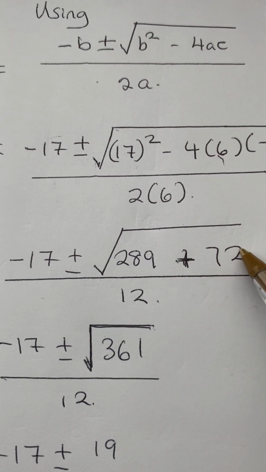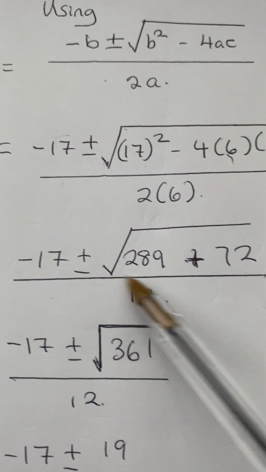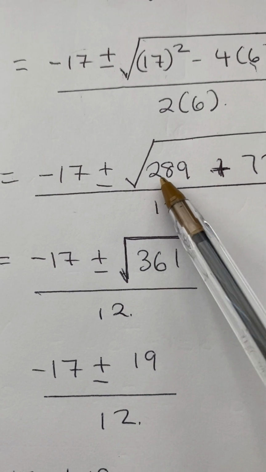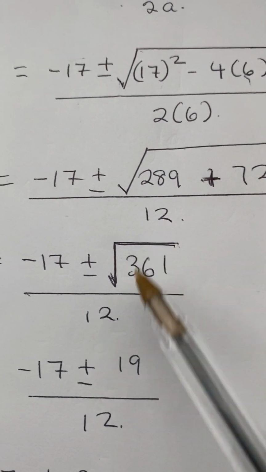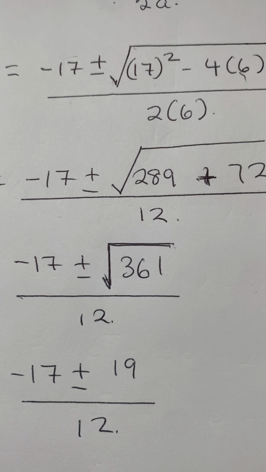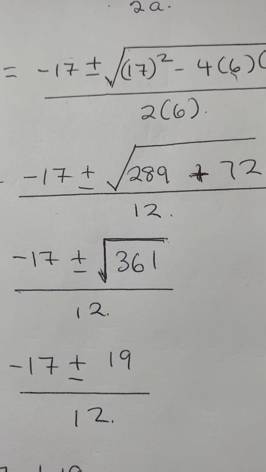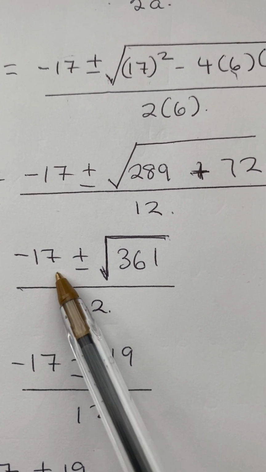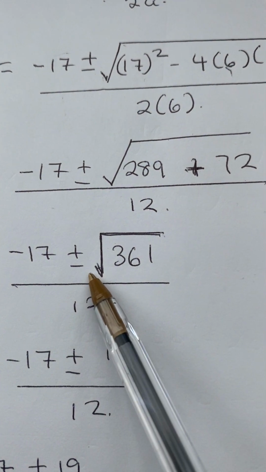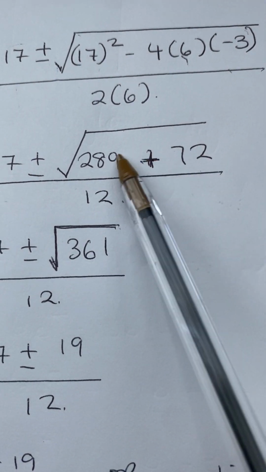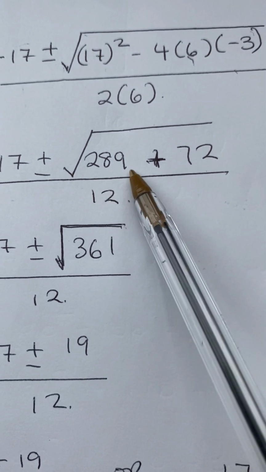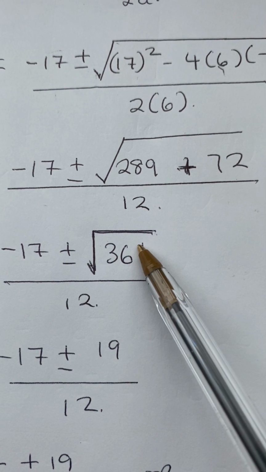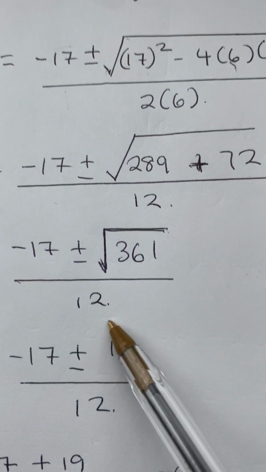In a non-calculator paper, I would avoid working with numbers like this, because if you mix up one of the numbers, then you've just wasted time and you might lose a mark or 2, which you don't want to do. So -17 plus or minus the root of, if you add what is here, 289 plus 72, you get 361, all over 12.